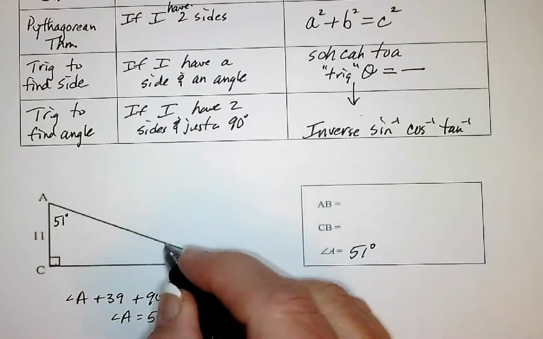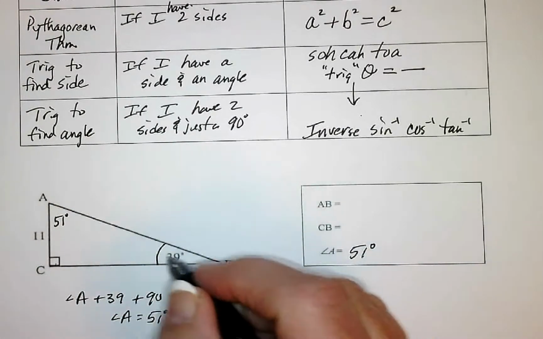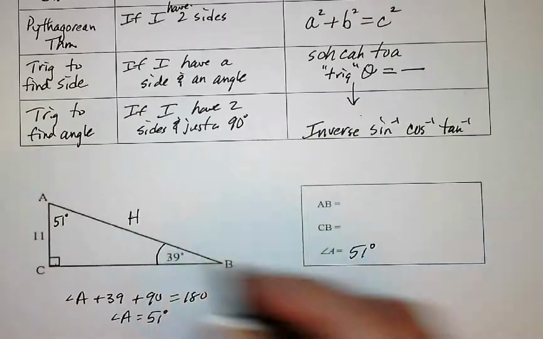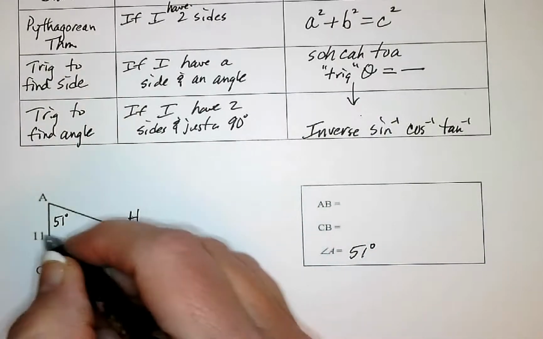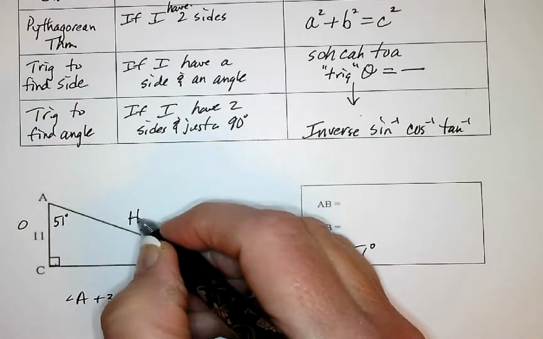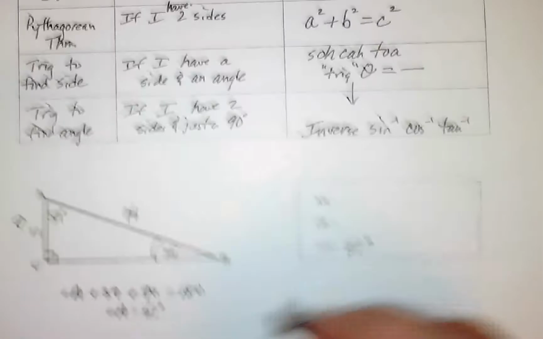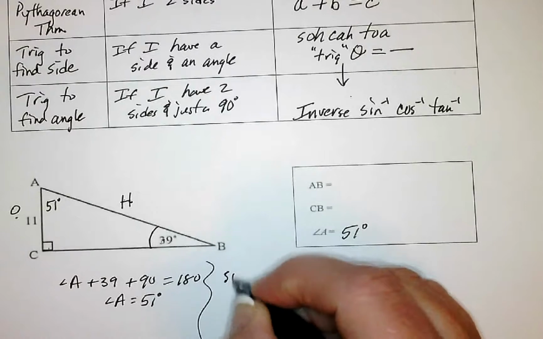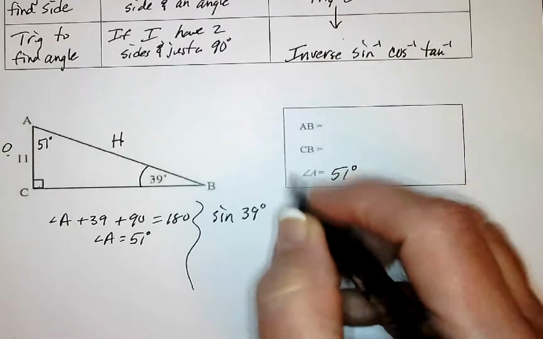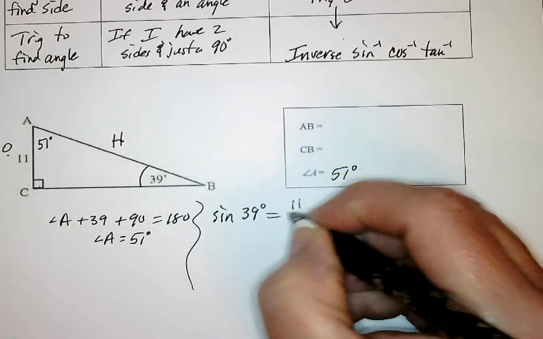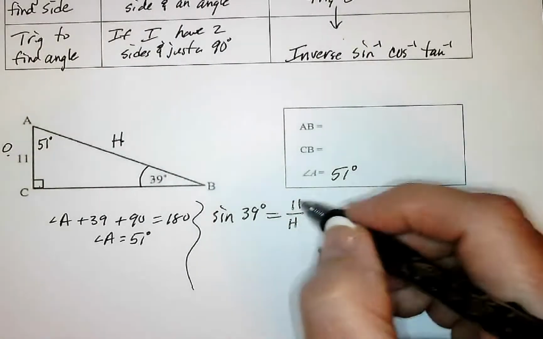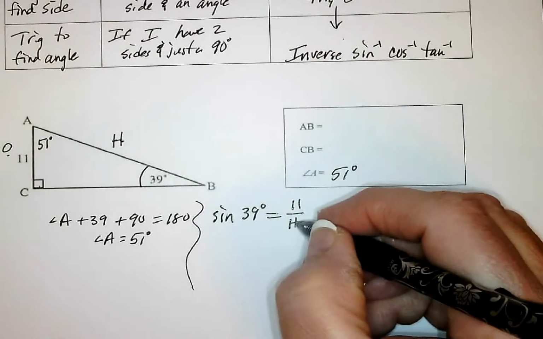So I'm going to use this angle that they gave me, and I want to find the hypotenuse. Well, with this angle, I'm also given the 11, which is the opposite side, and I'm trying to find H. So OH, that signifies sine, sine of angle 39 equals opposite over hypotenuse. So there's our setup. If the variable's on the bottom, it's a divide problem.